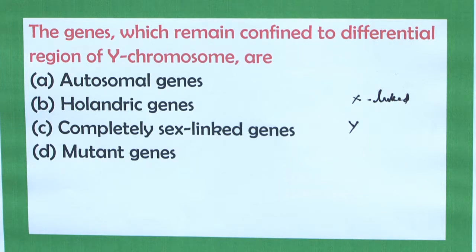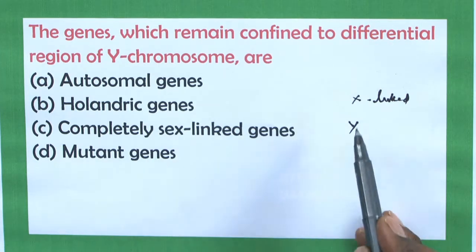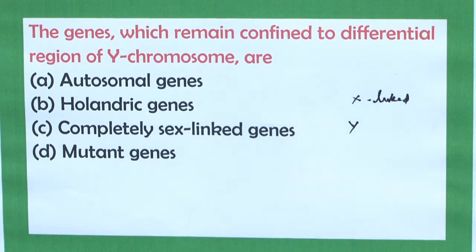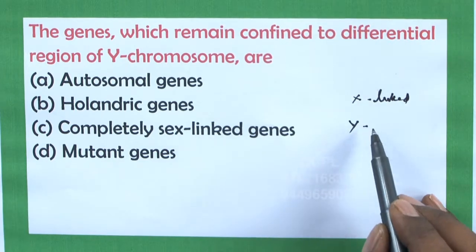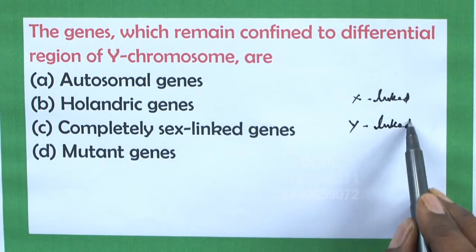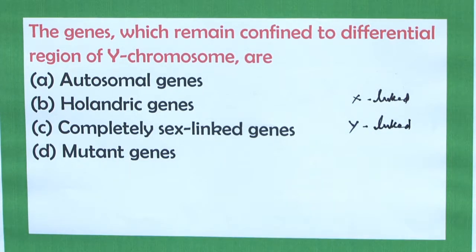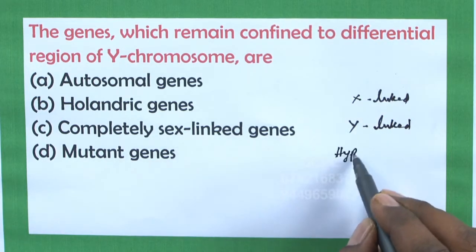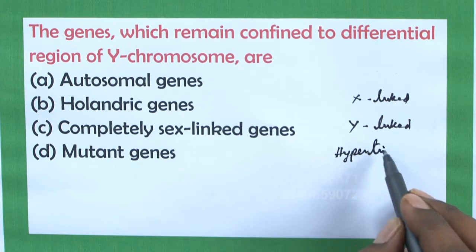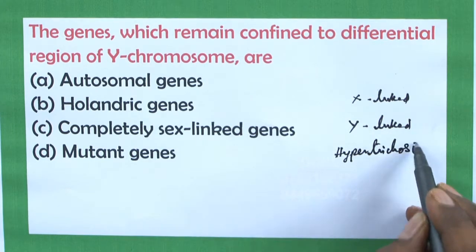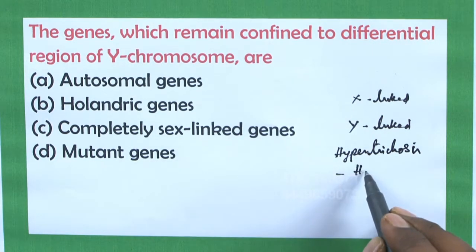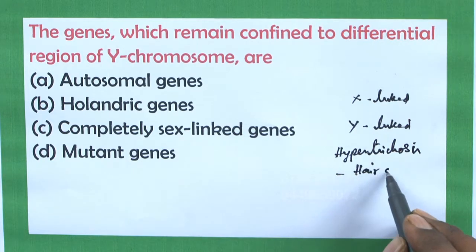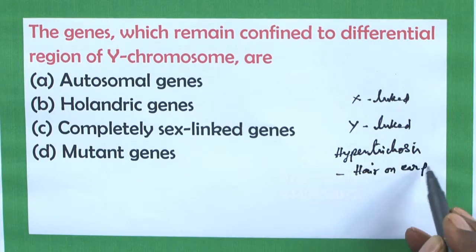But there are several genes present on the Y chromosome which are inherited from father to son, and they are called Y-linked genes, and the pattern of inheritance is called Y-linked inheritance. For example, there is hypertrichosis, commonly called hair on the ear pinna.